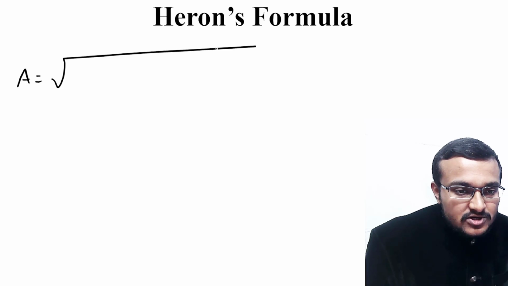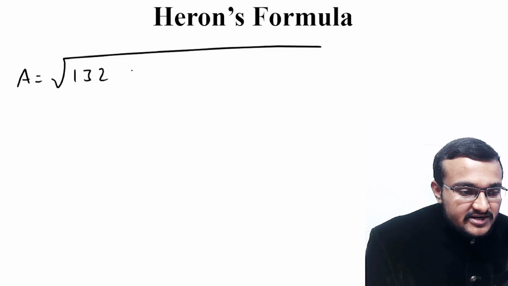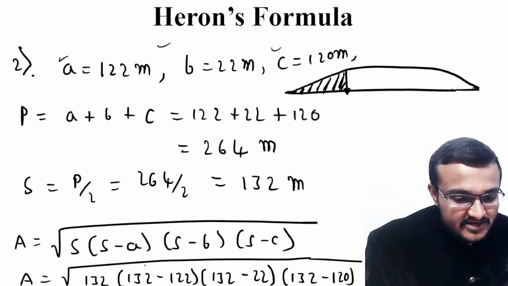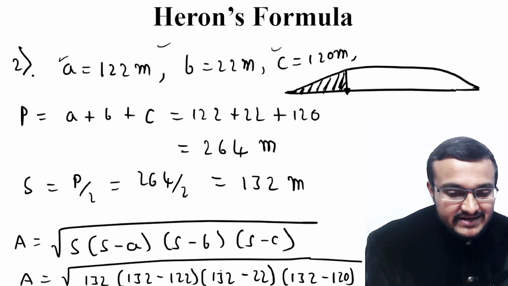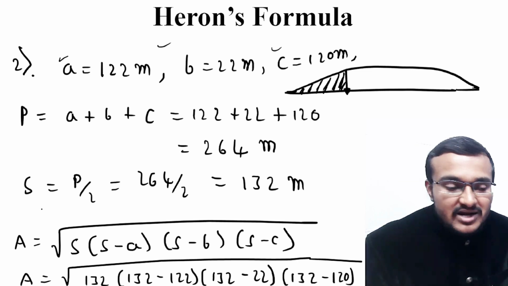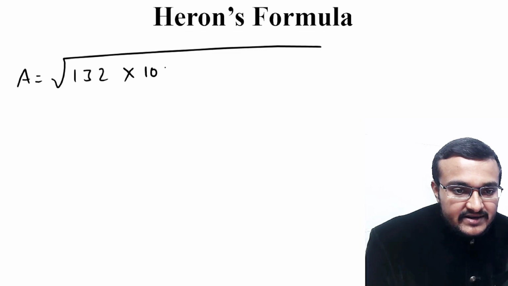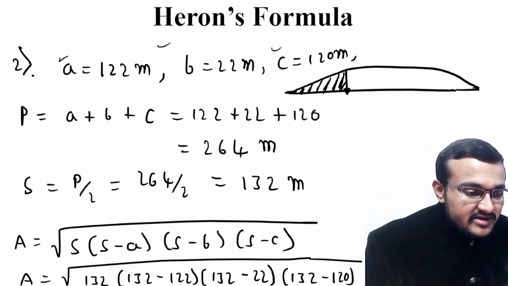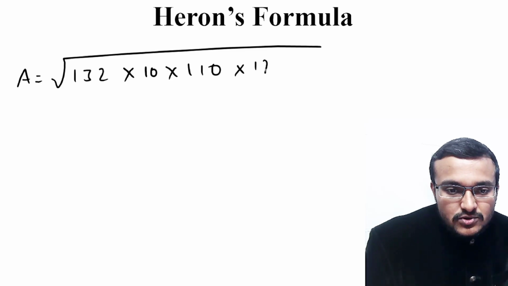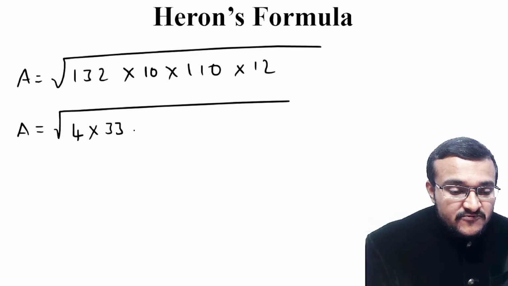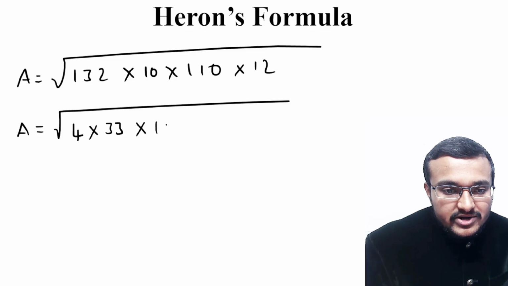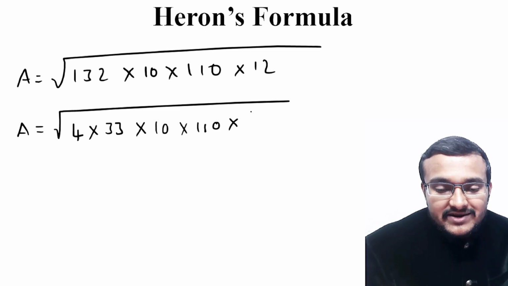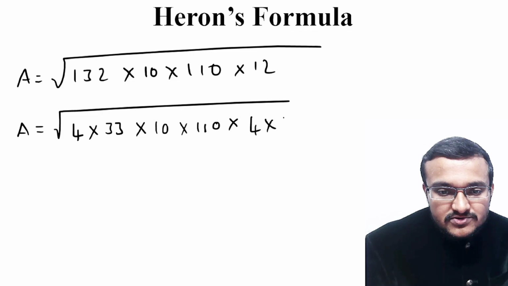So area is equal to square root of 132 into, here 132 minus 122 will be 10. 132 minus 22 will be 110. So we'll write 10 into 110, and 132 minus 120 will be 12. So into 12. So 132 you can write as 4 into 33, into 10, into 110, into 12 you can write as 4 into 3, because 4 threes are 12.